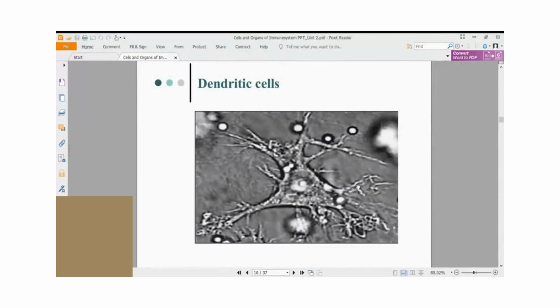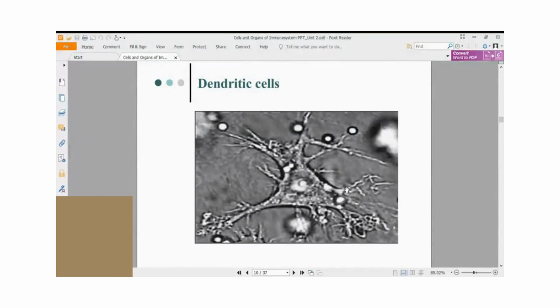And these filamentous pseudopodia extend to a large distance inside the tissue spaces. Therefore, a dendritic cell can trap an antigen on its filamentous pseudopodia at quite a long distance, receive that antigen and process it, and they also become antigen processing cells. Dendritic cells are also called antigen processing cells.